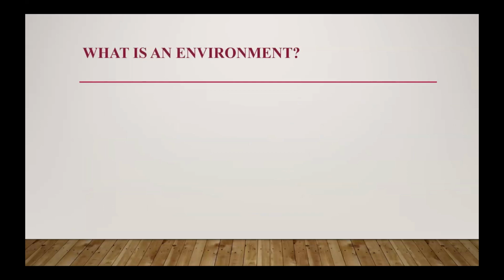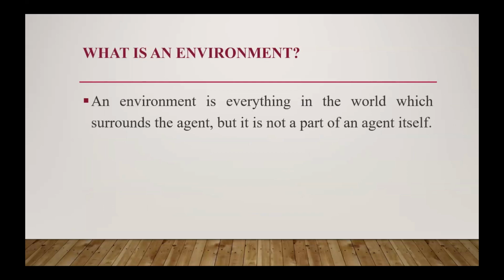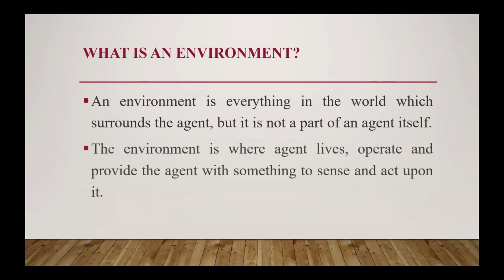Next question: what is the environment? The environment is everything in the world which surrounds the agent, except the agent itself. Whatever is present inside the world, excluding the agent, we have to consider as the environment. The environment is where the agent lives and operates, and it provides the agent with something to sense.